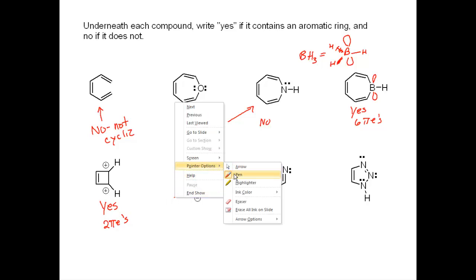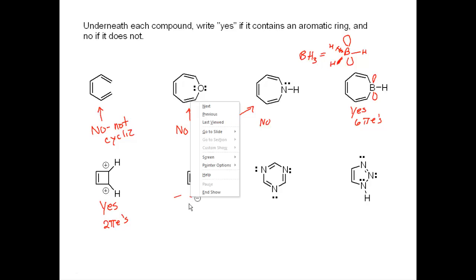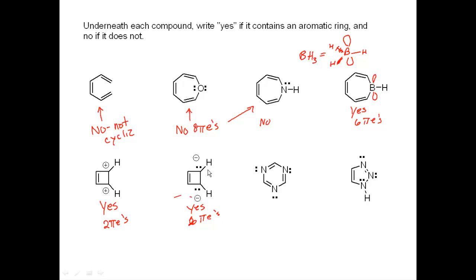Cyclobutadiene dianion, also yes. It's 6 pi electrons. We get 2 here, 2 here, and 2 there. That adds up to 6. Every one of these nitrogens in this compound here is part of a double bond, thus their lone pairs are orthogonal to the system, and this is yes, 6 pi electrons.